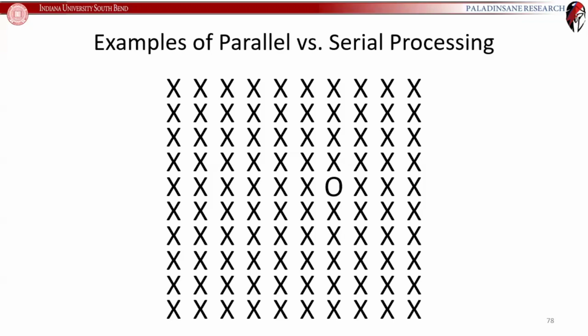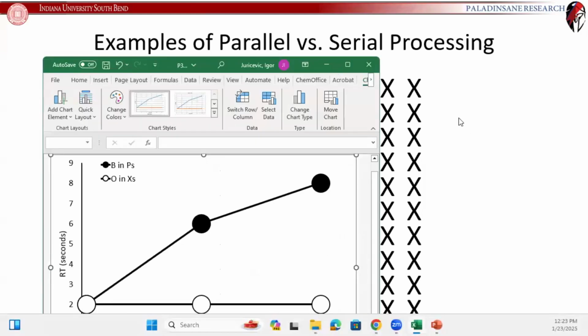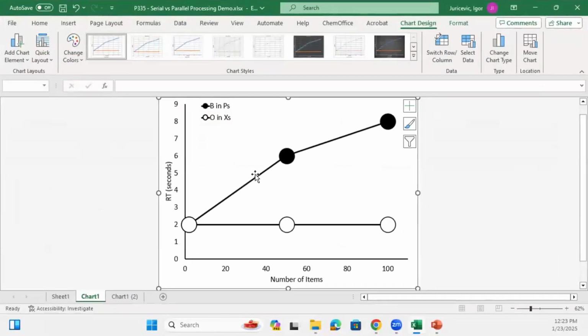So what did I just measure here? Here's a graph of your performance during these 2 demonstrations. The black line is the reaction time you had finding the B among the distractor P's. The open circles are where you found the O among the X's.